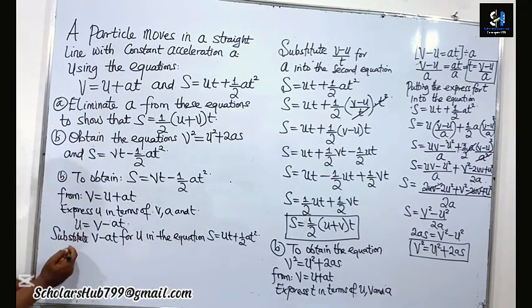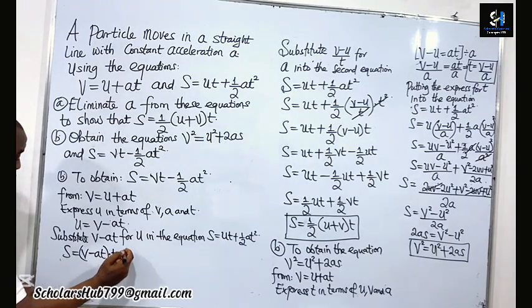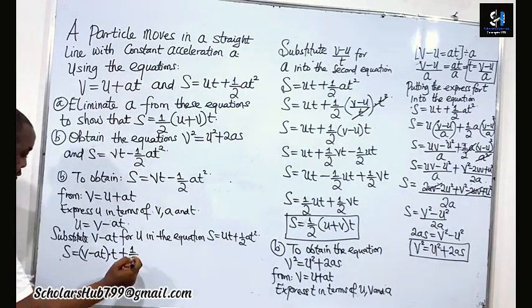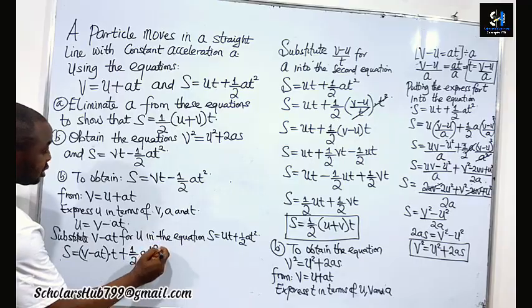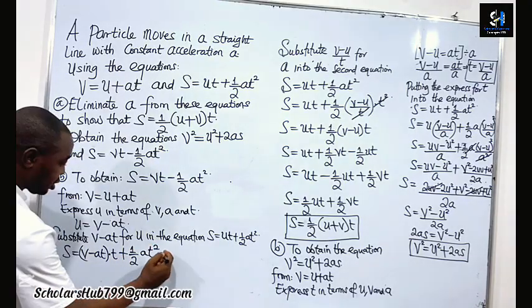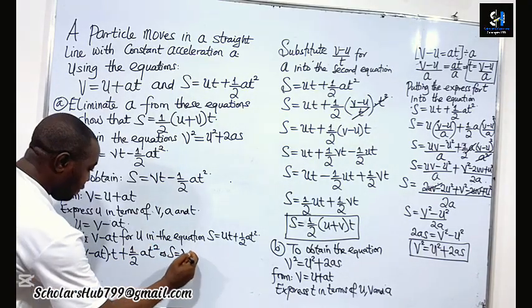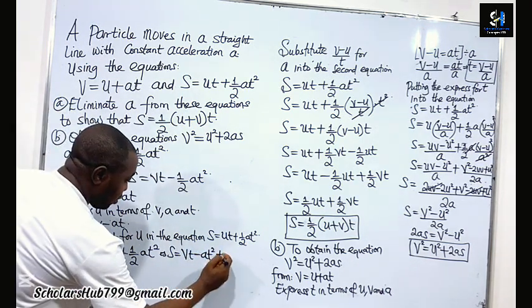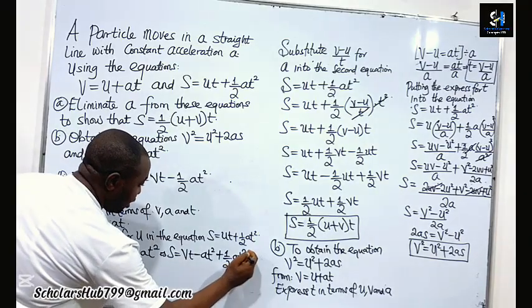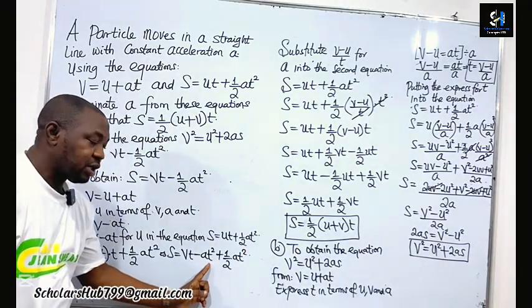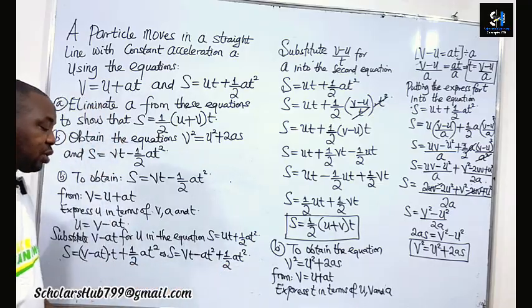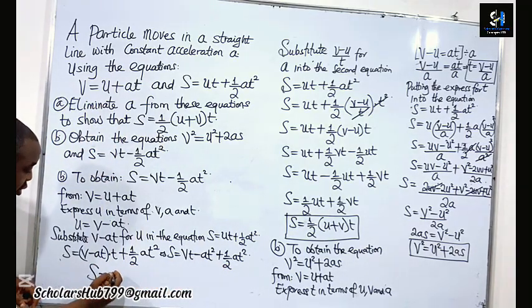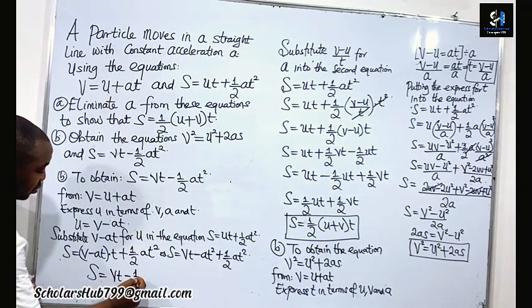So for that equation we have s equals, now u is v minus at, multiplied by t plus 1/2 of a times t squared. Now multiplying this, we're going to have s equals vt minus at squared, then plus 1/2 of at squared. Now this is minus at squared plus 1/2 of at squared, so that s will be equal to vt minus 1/2 of at squared.